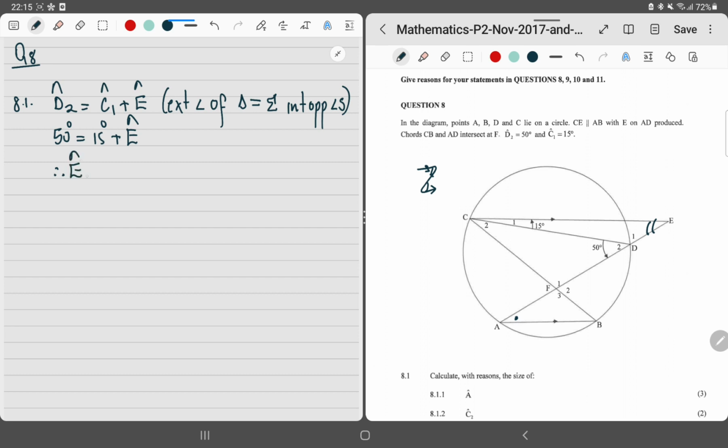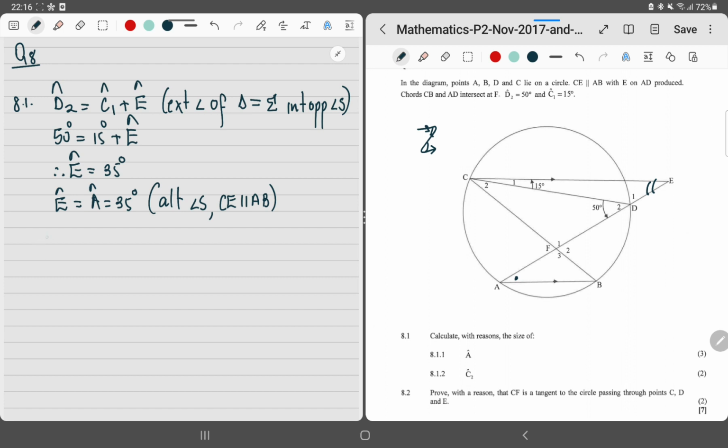Therefore, E is equal to 35 degrees. And then we said E is equal to A. So this is because of alternating angles, because CE is parallel to AB.